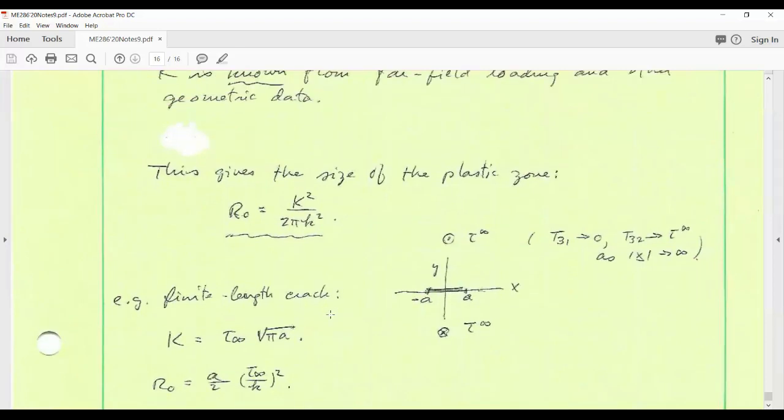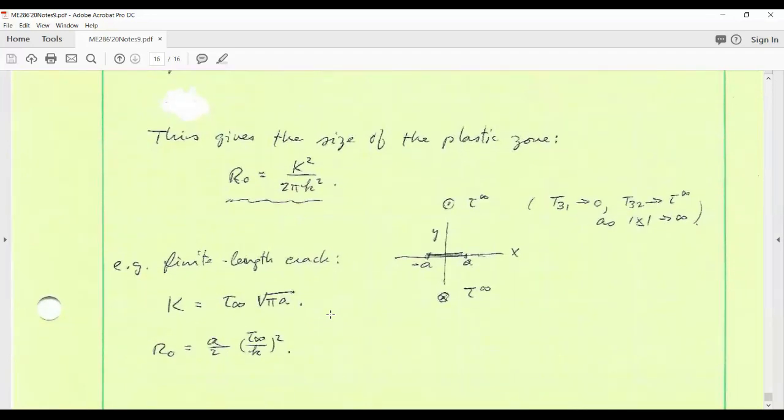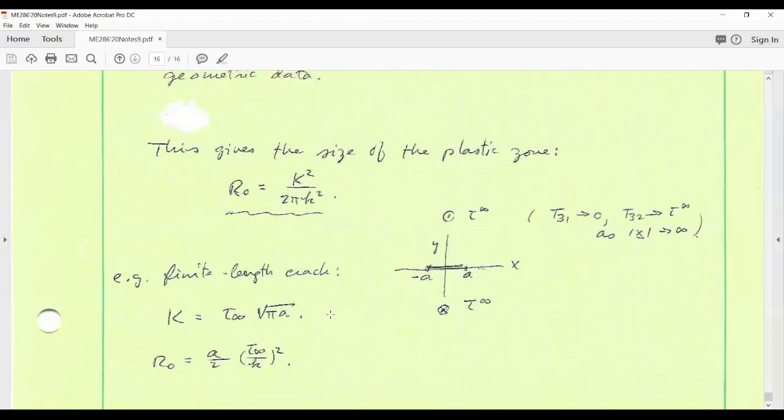There's a paper by Hult and McClintock that goes back decades, I think in the 1950s actually, where they discuss this solution in detail. And that's essentially just about the only explicit solution that's known for elastic plastic fracture. There are some results in plane strain, as we've seen before, but they pertain to the rigid, perfectly plastic case, whereas here we're including the effects of elasticity.